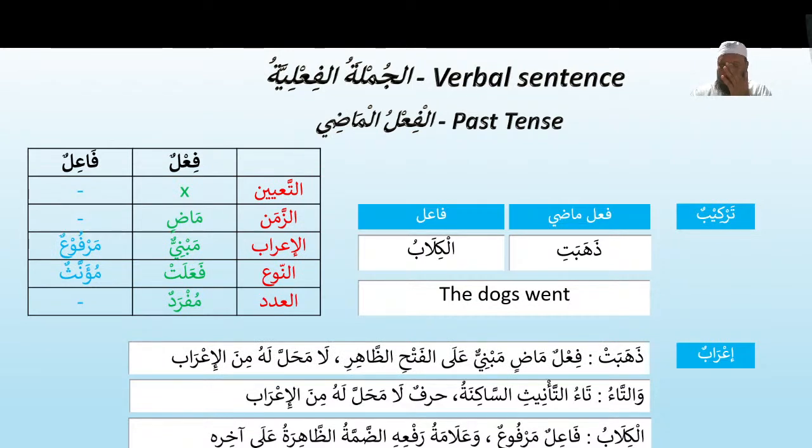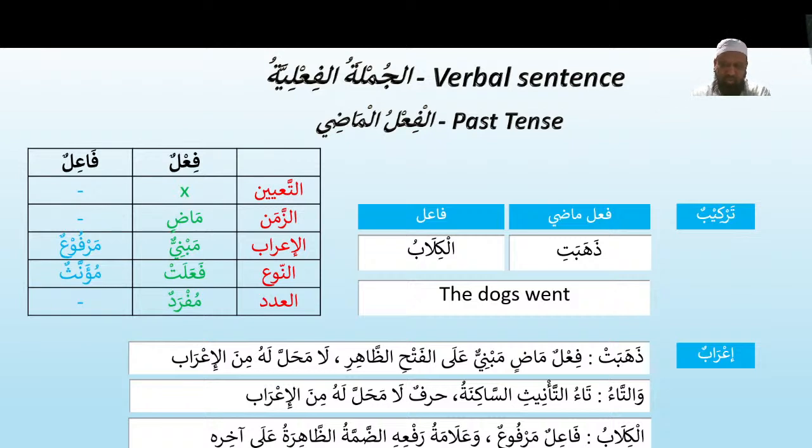ذهبت فعل. All we need is to mention the ta sakina if there is one in the sentence, and if there is no ta sakina, we don't mention it. ذهبت فعل ماض مبني على الفتح الظاهر لا محل له من الإعراب. والتاء تاء التأنيث الساكنة حرف لا محل له من الإعراب. الكلاب فاعل مرفوع.